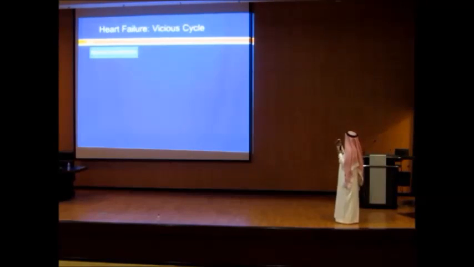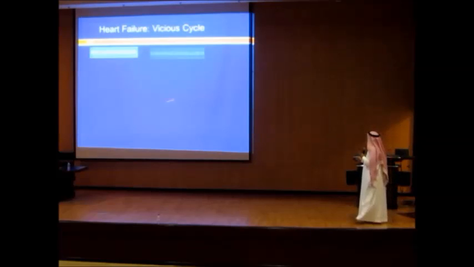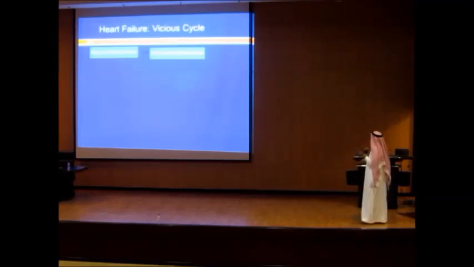This is again an important slide. You have myocardial dysfunction, so the muscle does not contract normally for whatever reason. So what happens after that? You start to have a reduction in cardiac output, so the muscle does not give enough output. What happens next?